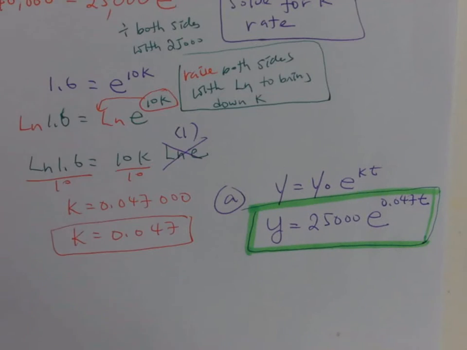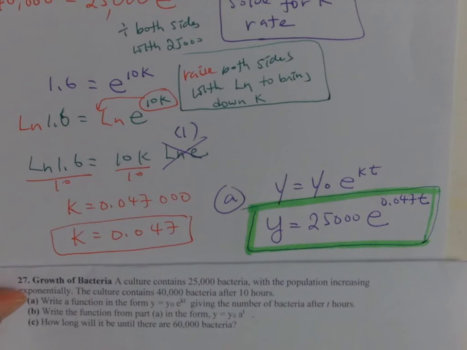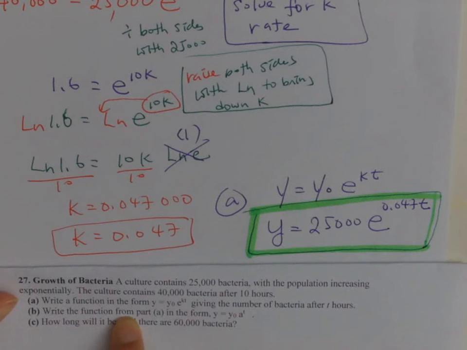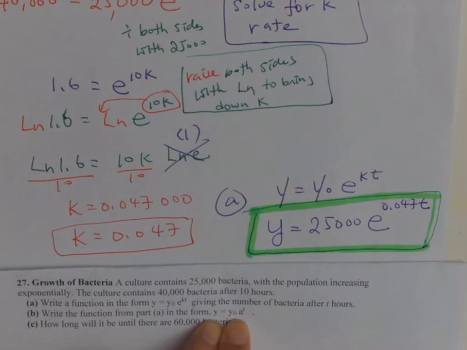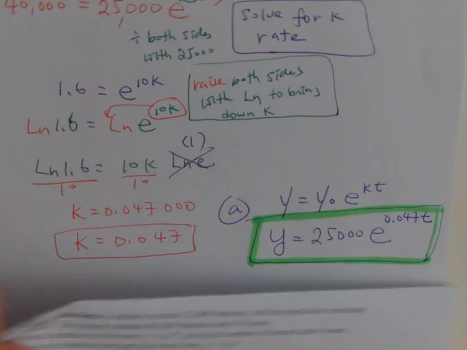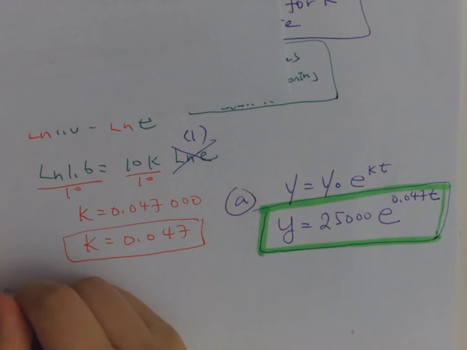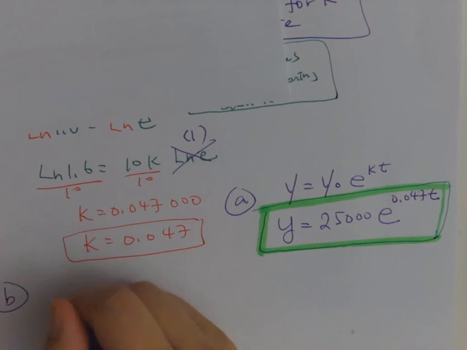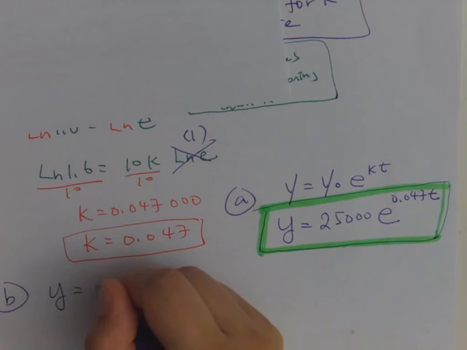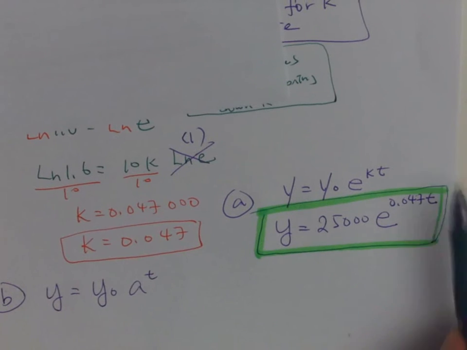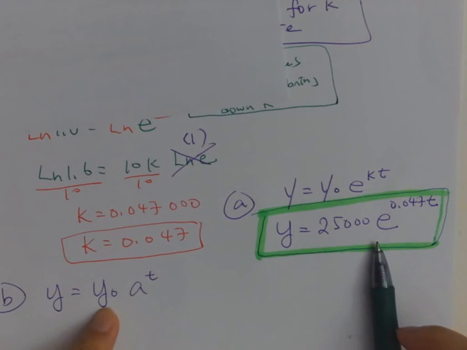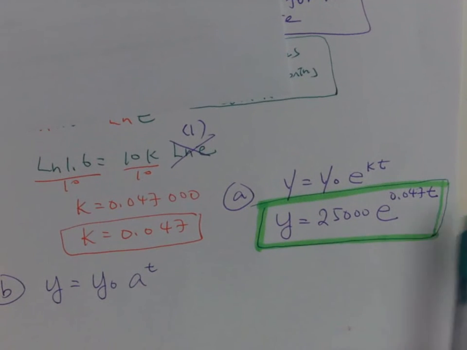Okay, the B part, the book has really weird stuff. So the B part says write the function from part A in the form of this guy. So let me write that down. I don't know why they want it like that, but sure, we can do it. y equal to y0 a^t. So this is very similar to this, except, so let me write down what we just got.